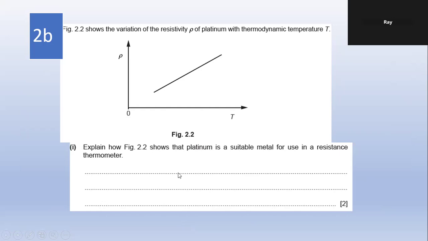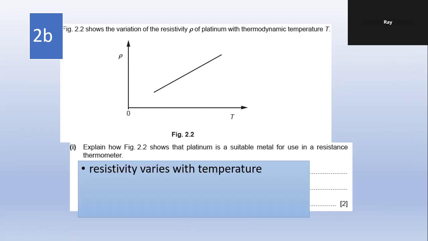Yep. Resistivity varies linearly with temperature. You want it linear, varies with temperature. Right? One value only, not like some got two values.